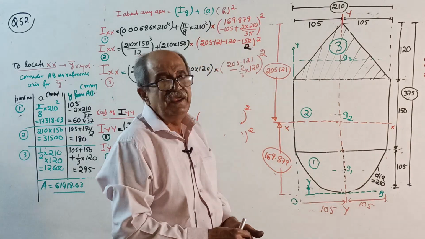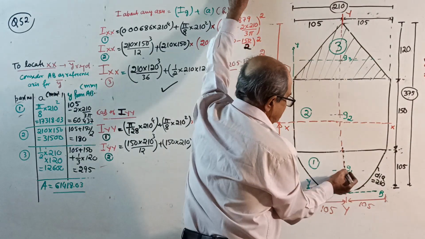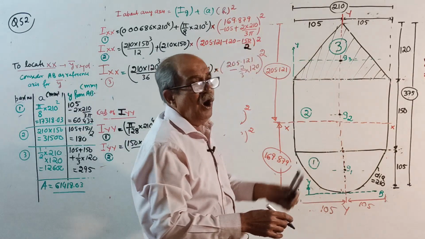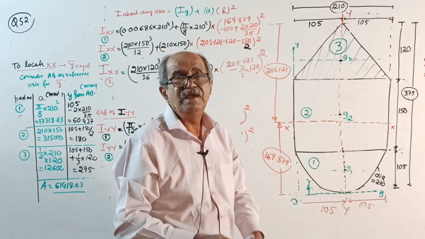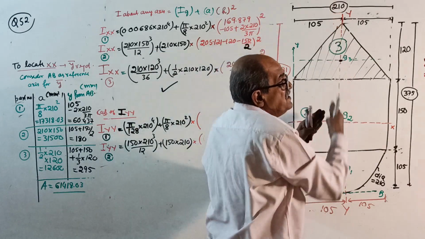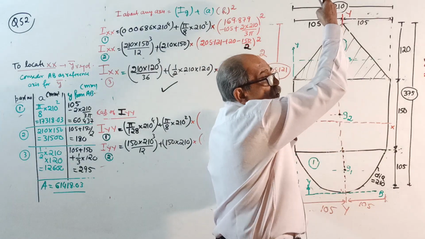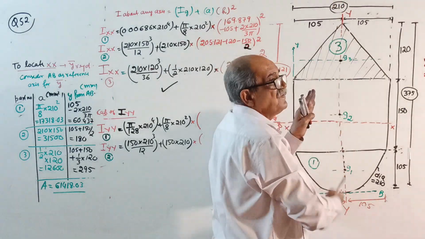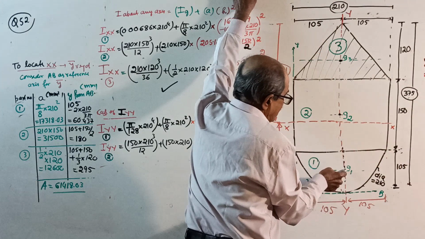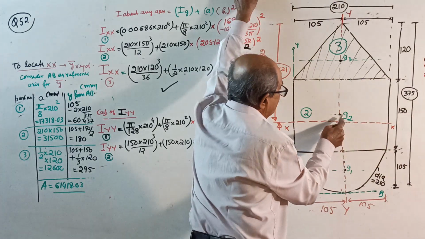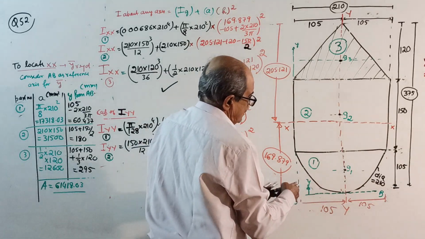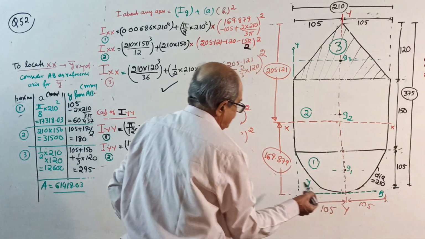But when you want I about YY, G1, G2, G3, all of them lie in the YY axis. So after writing IG, area into, when you do moment of inertia about vertical axis, there is no horizontal distance, 0 square.